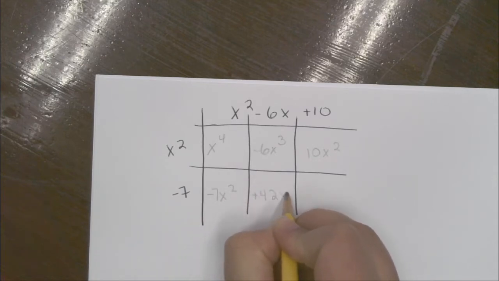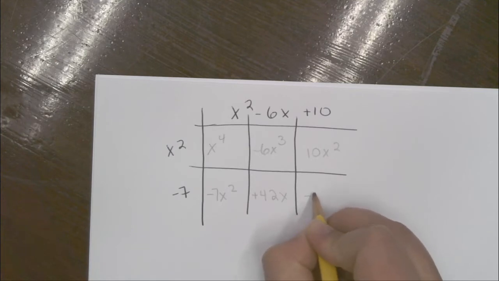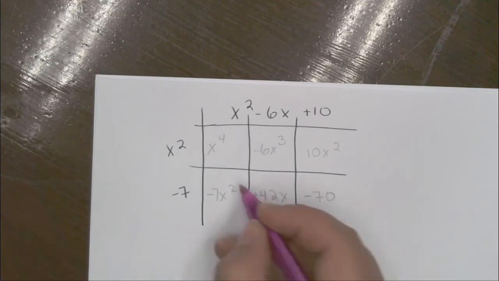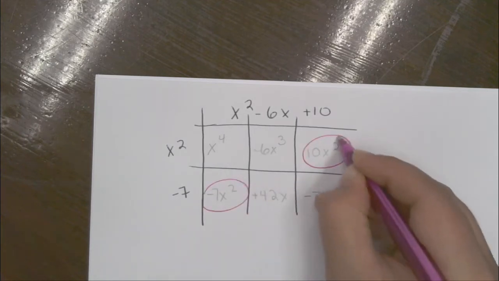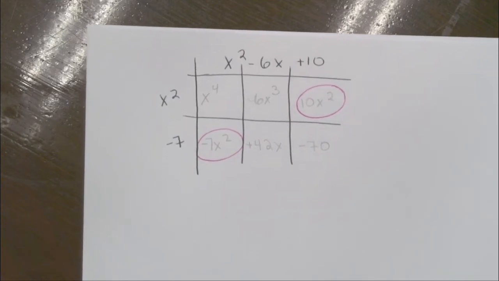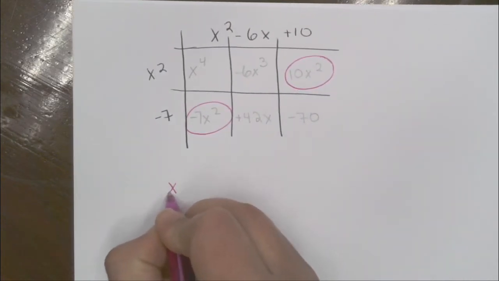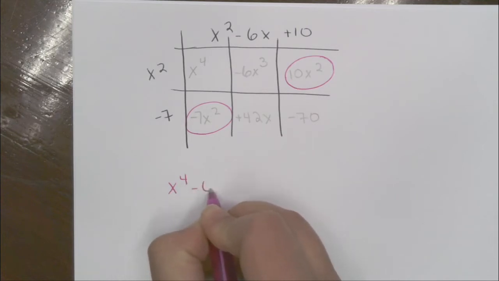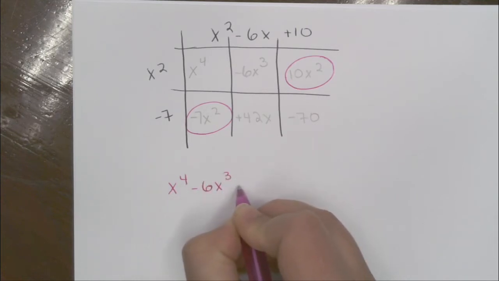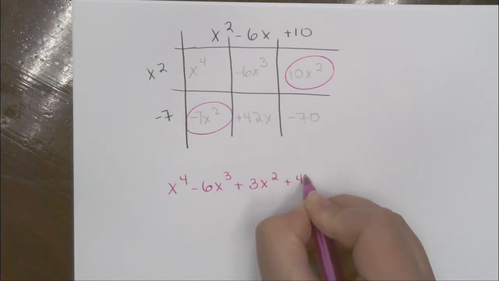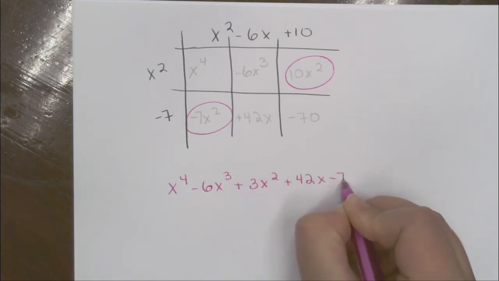Is that 42? Yeah, thank you. And then negative 70. Anything canceling out? No, but I do see we need to combine the 10 and the negative 7 because both of them have an exponent of 2. So we have x to the 4th power minus 6x cubed plus 3x squared plus 42x minus 70.